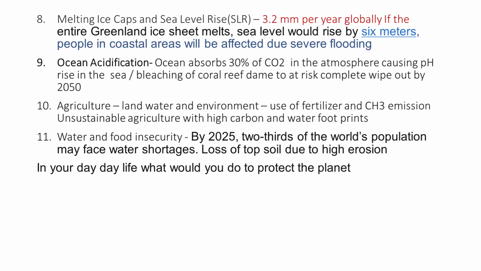A lot of water is used for agriculture. Then water and food insecurity. By 2025, 2/3 of the world population may face water shortages. Loss of topsoil due to high erosion will then affect food production.